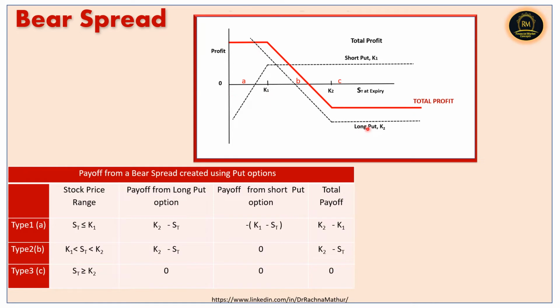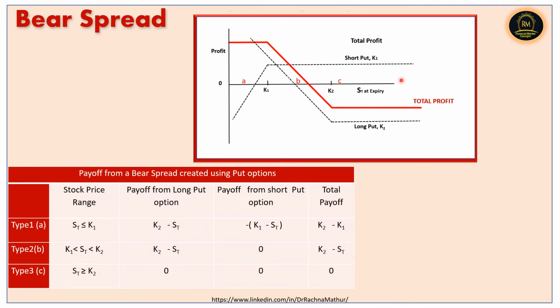This shows that the long put will earn huge profit, equal to K2 minus ST. The short put will have this much payoff and the total payoff will be K2 minus K1. If the stock price is in between the two strikes, the long put is still in profit. The payoff is this, the short put payoff is 0, and the total payoff is K2 minus ST.